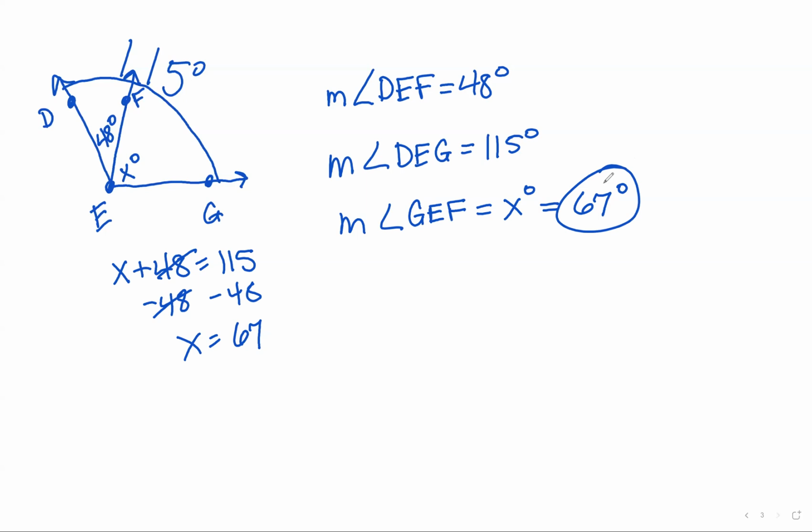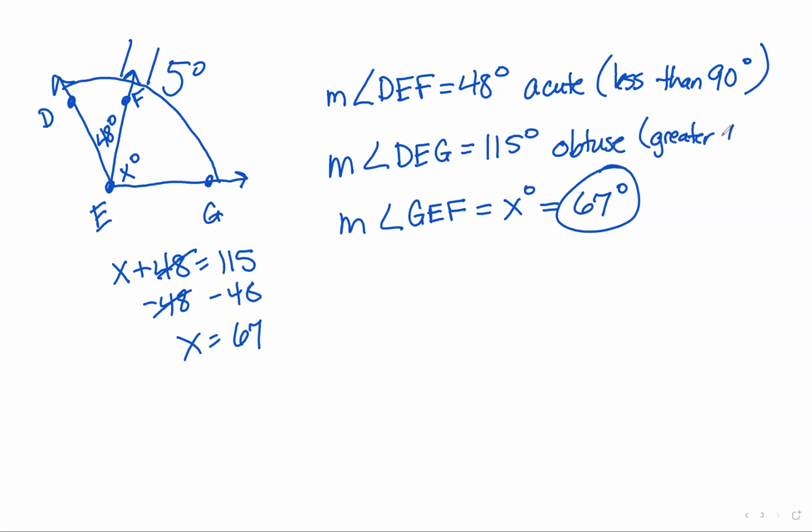Now, there are some words that we might want to use to refer to these angles. So angle DEF is a fairly small angle measure, and this would be called an acute angle because it is less than 90 degrees. Whereas angle DEG is what we call an obtuse angle because it is greater than 90 degrees.